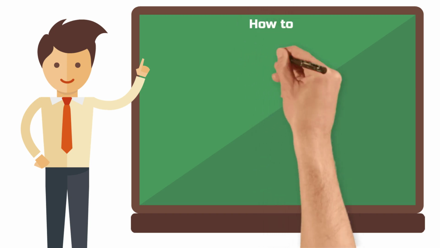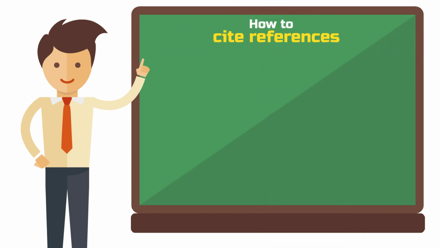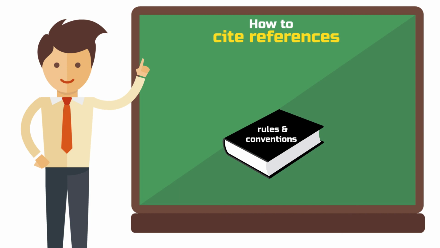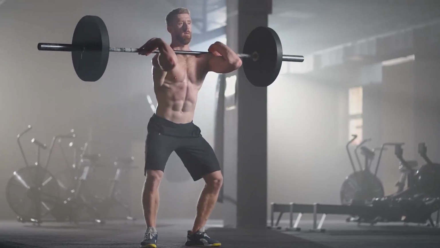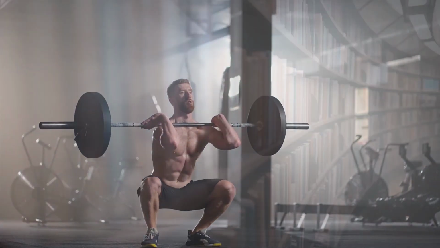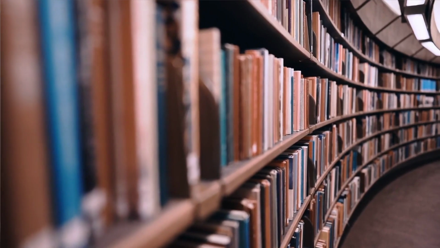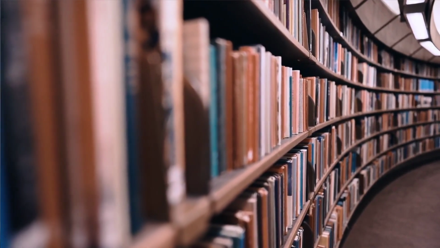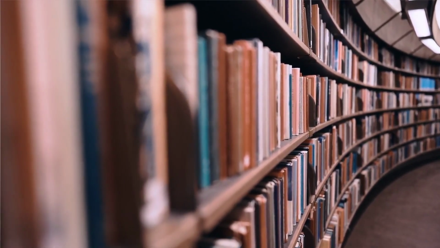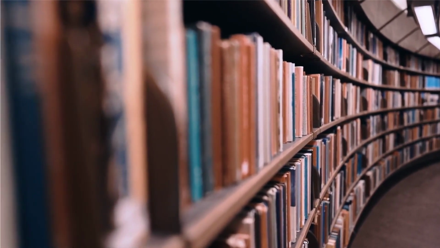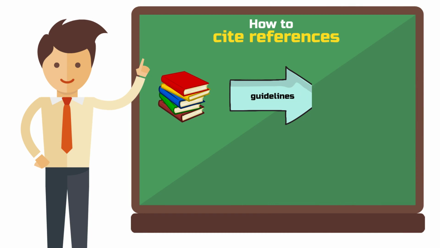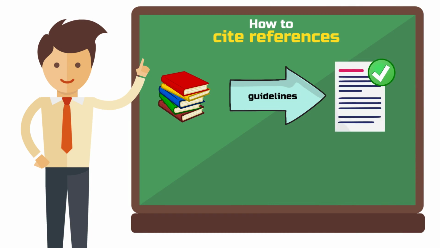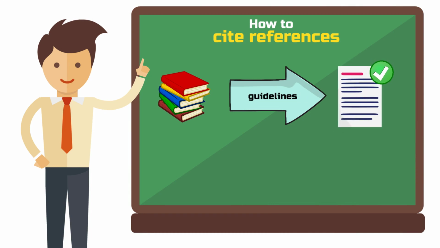Citing correctly is not difficult, in case you think it is. The rules and conventions that come with specific citation styles are just a simple technique that requires a bit of diligence and practice. But after you have done it once, it becomes very easy. You don't need to be afraid of making citation errors in your first research paper, because if you follow the guidelines of the required citation style, you can't go wrong really.